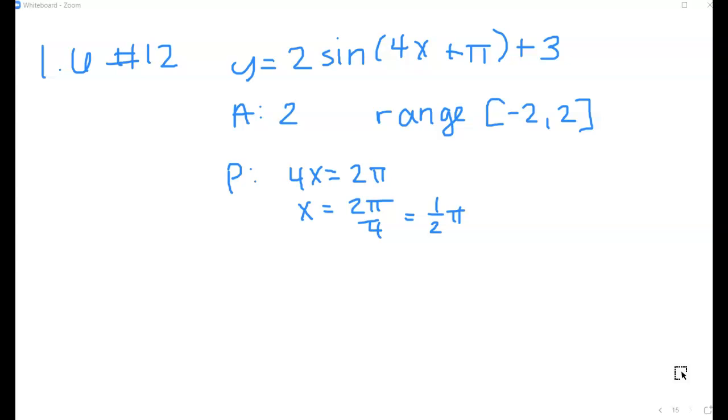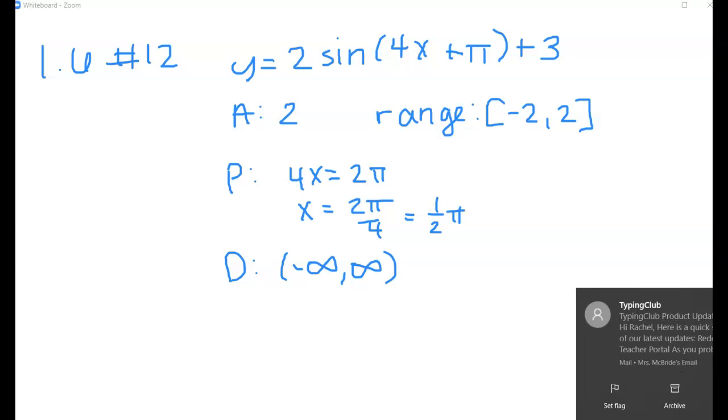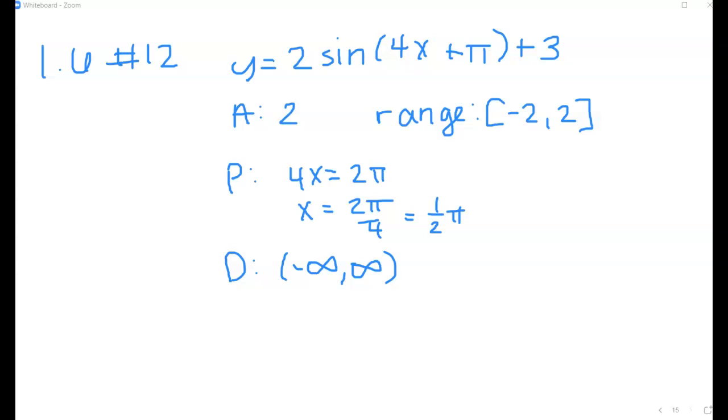The domain of a sine function is and always stays all reals. We already kind of touched upon the range and how this changes the range. And then it says to draw your graph.